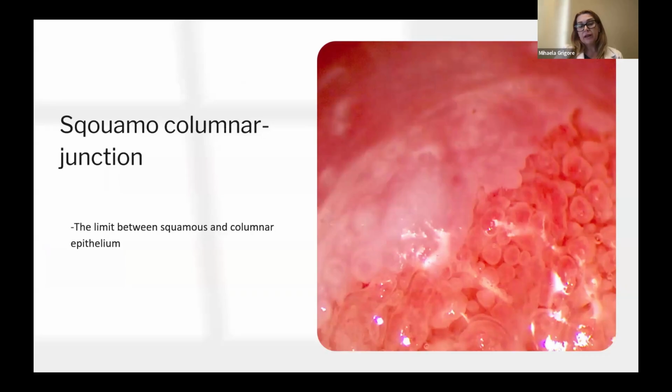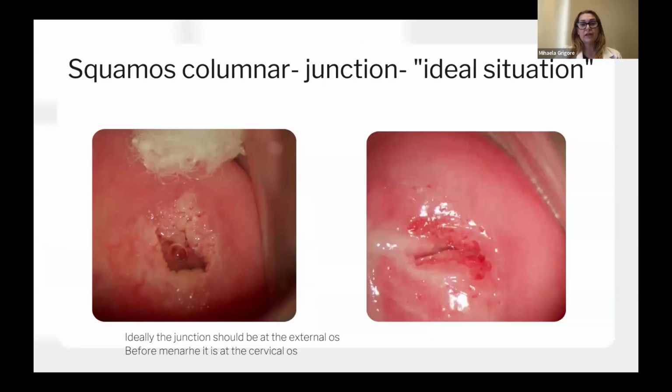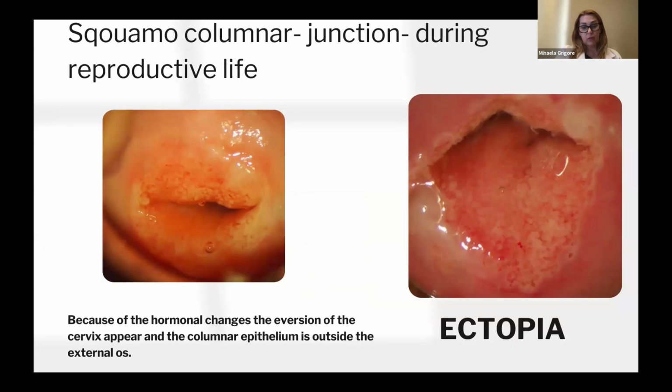The ideal situation is when this squamocolumnar junction is on the ectocervix, because we can see it. And why is it important to see it? Because in this area, the abnormal process will start.